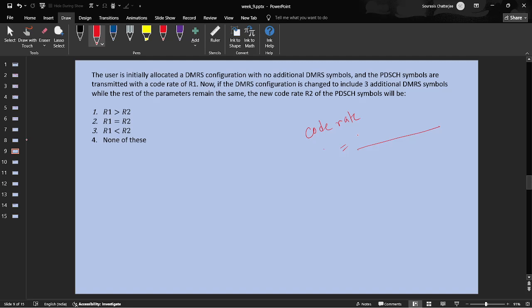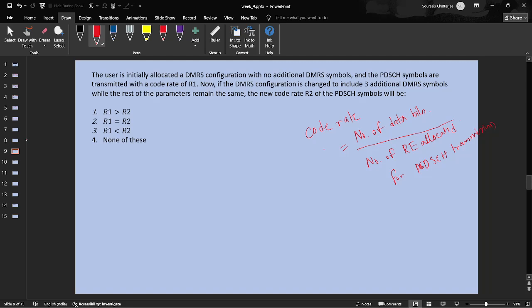Let's say I'm writing it as number of data bits divided by number of sequence elements allocated for PDSCH transmission. So I can call it the code rate, right? This is the number of my actual information bits, and this is the number of bits I am supposed to transmit.